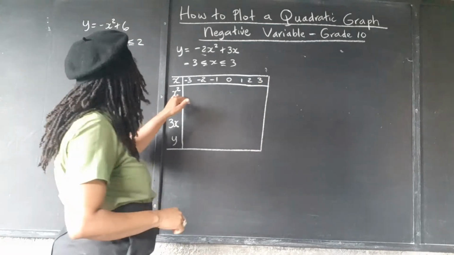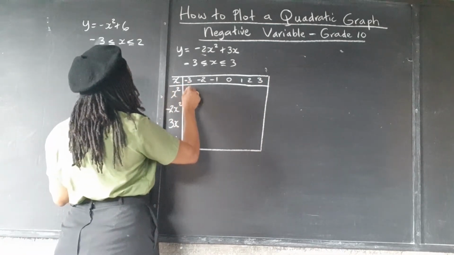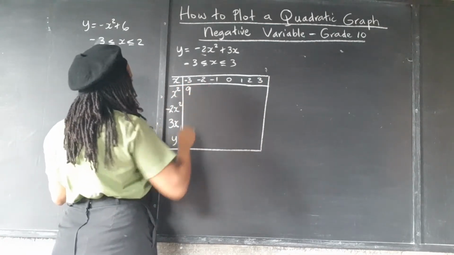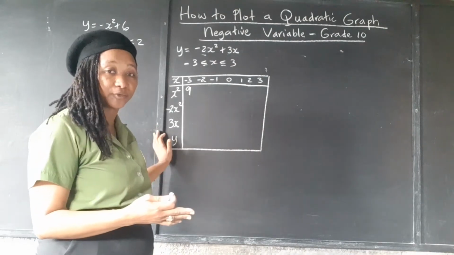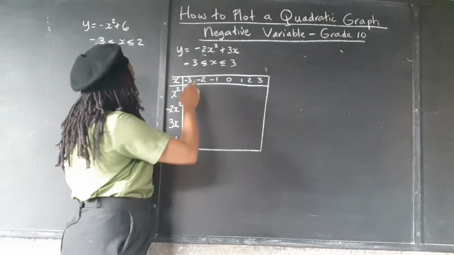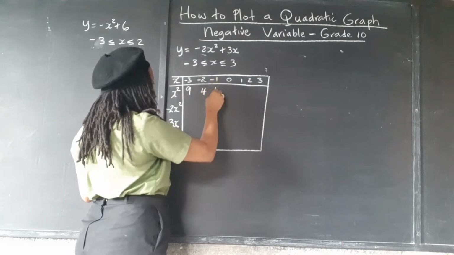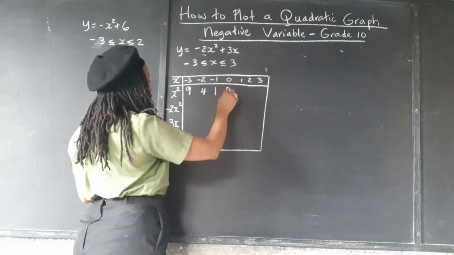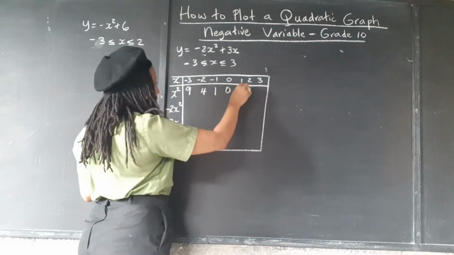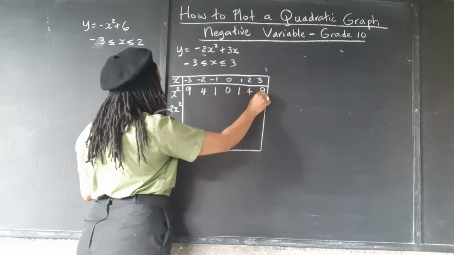So let's start by squaring the x's. -3 squared is +9, because -3 times -3 is +9. -2 squared is +4. -1 squared is +1, 0 squared is 0, 1 squared is 1, 2 squared is 4, 3 squared is 9.